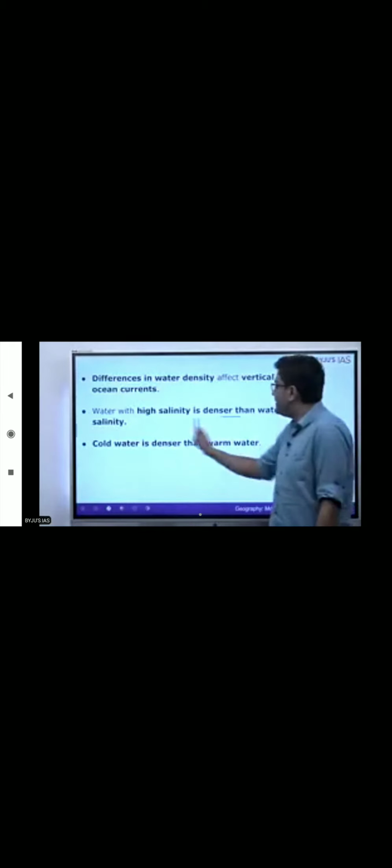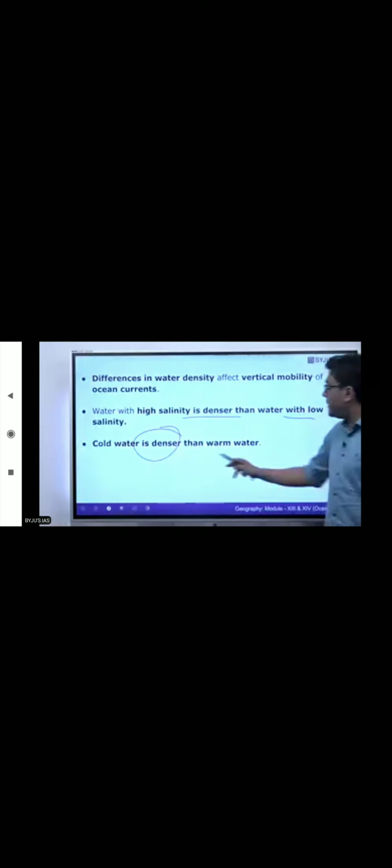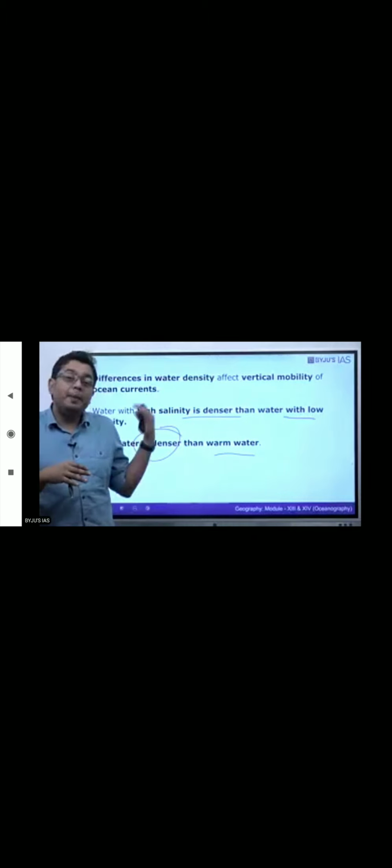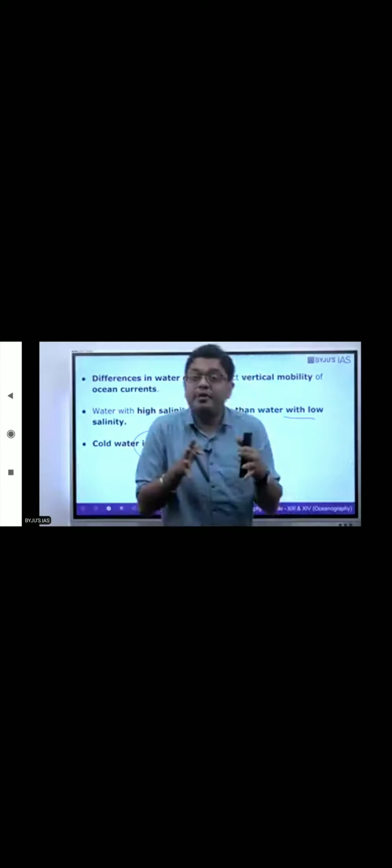Now, water with high salinity is generally denser than water with low salinity. But at the same time, cold water is also denser as compared to warm water. So there is always going to be an interplay between them. That is, depending upon whether the water is very hot, that means the water will expand a bit.